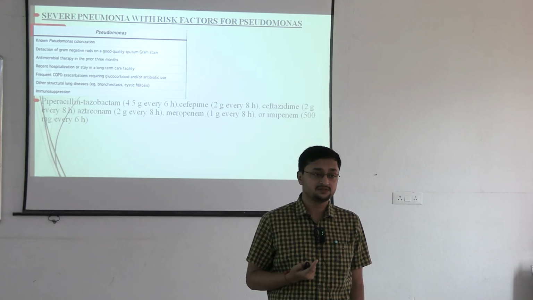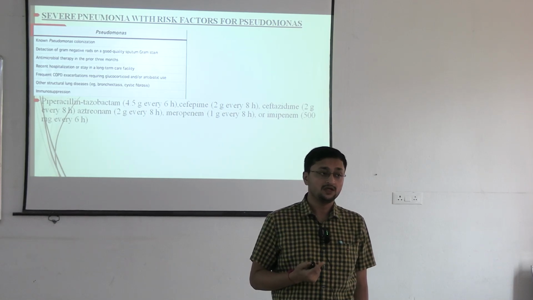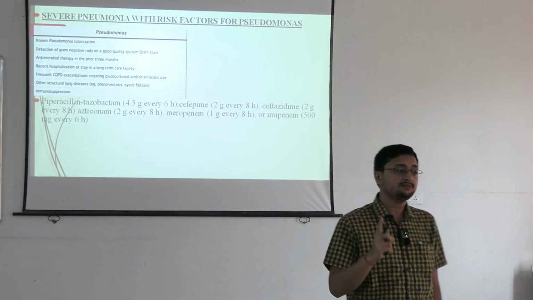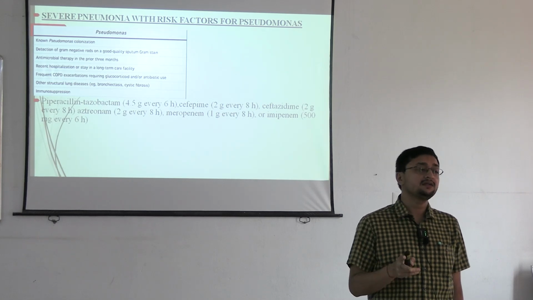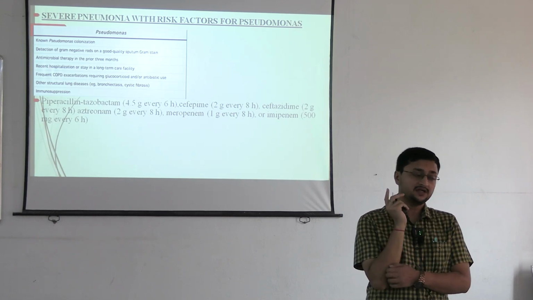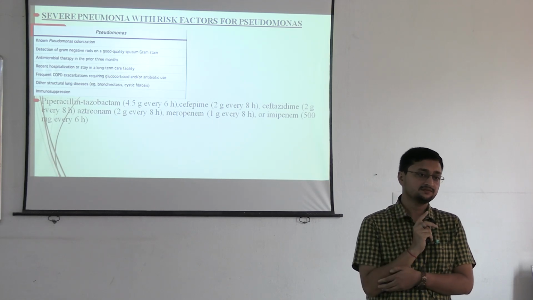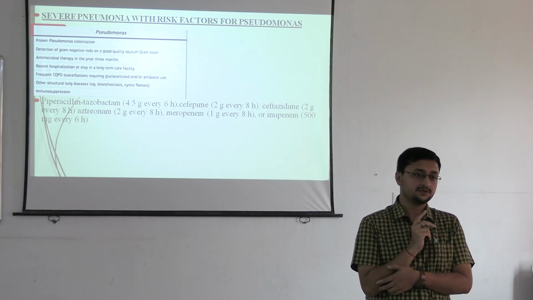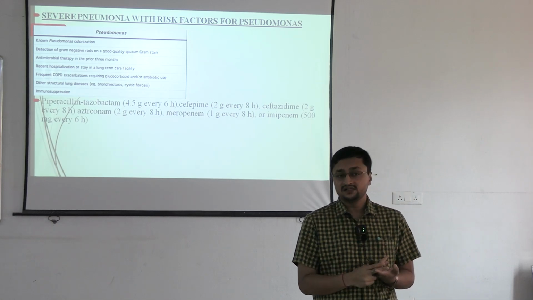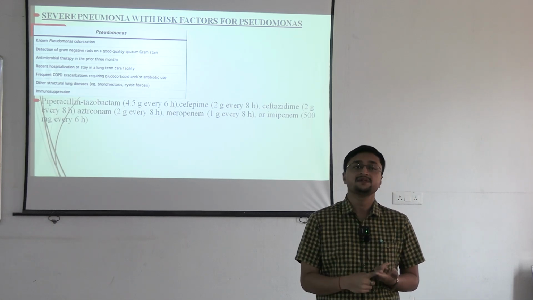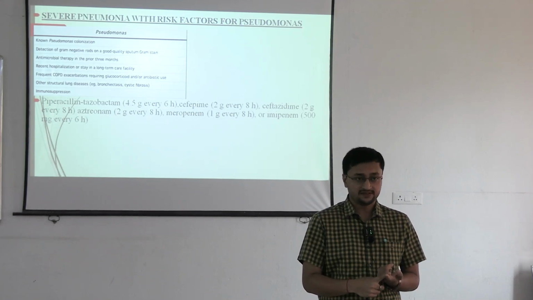Anti-pseudomonal antibiotics. First, beta-lactam. What beta-lactams are there? First, piperacillin tazobactam. Next, aztreonam. Third, if we combine a third generation antibiotic with a beta-lactamase inhibitor, then it is anti-pseudomonal: avibactam.